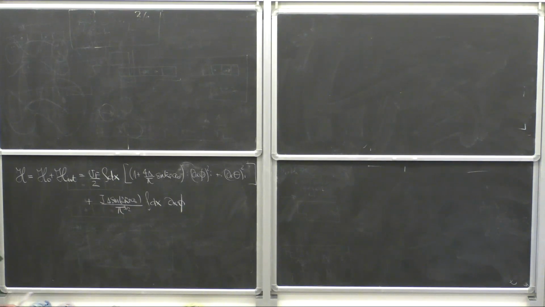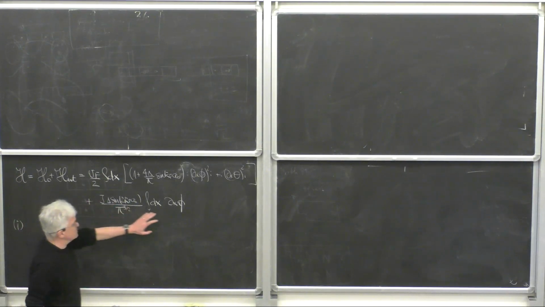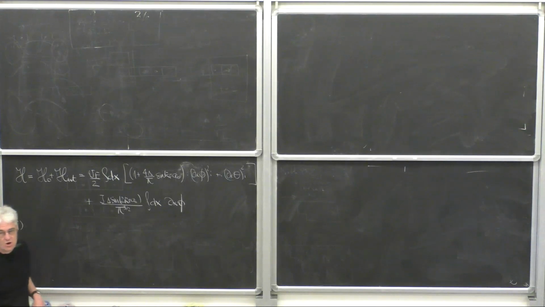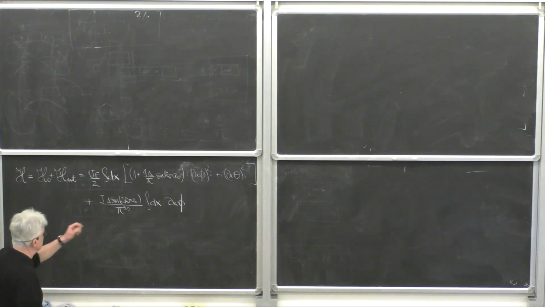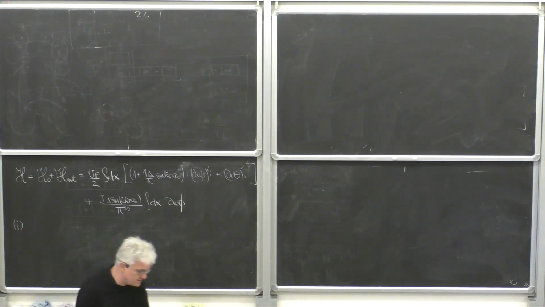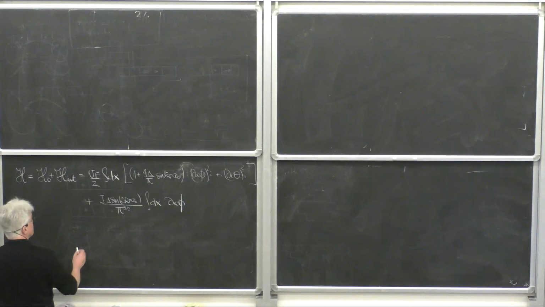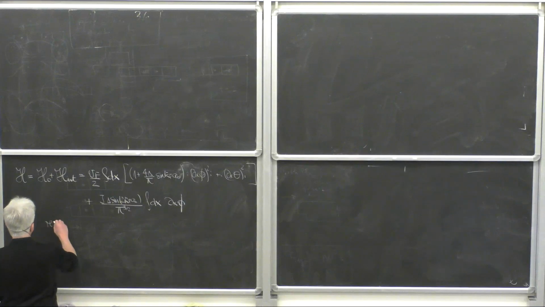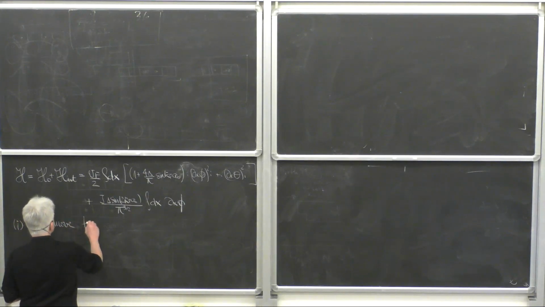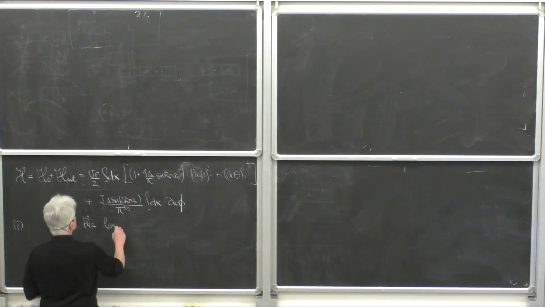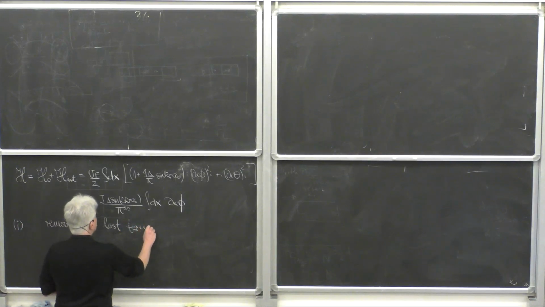Now we'll massage this a little bit, get it into a nicer form. Firstly, as I said yesterday, you might say this one is a total derivative, let's just drop it. That would be a little bit too naive. A better way of treating this term is to do a canonical transformation, removing the last term by shifting the field.